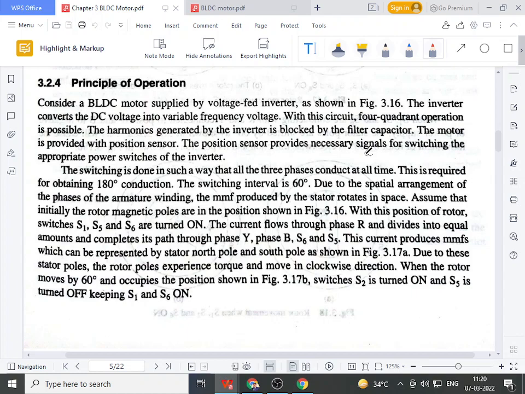So only keep in mind, whenever we excite a three-phase winding which is displaced by 120 degrees in space by a three-phase AC supply which is displaced by 120 degrees in time, then whatever magnetic field is developed inside the air gap is a rotating magnetic field.